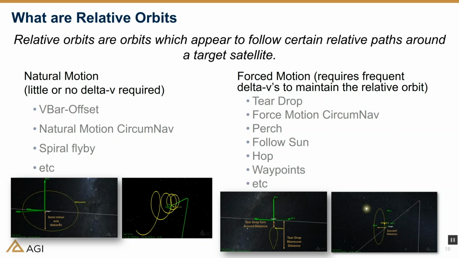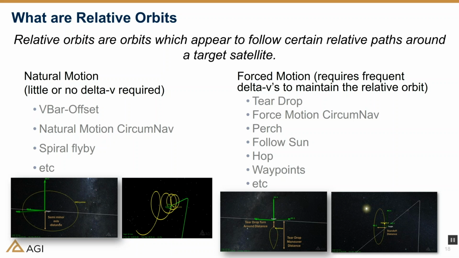The same is true of a natural motion circumnav, which is a 2-to-1 ellipse around the target, as you can see in the picture in the lower left corner. Spiral flybys is another version of the natural motion circumnav, only it's drifting at the same time as it's doing this 2-to-1 ellipse. So it has a slightly different period and is just drifting past the target.